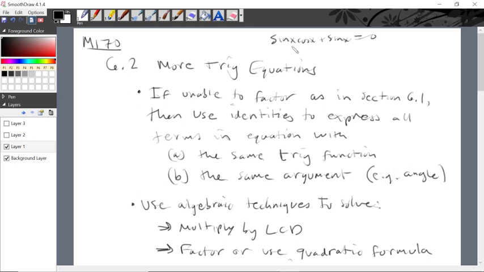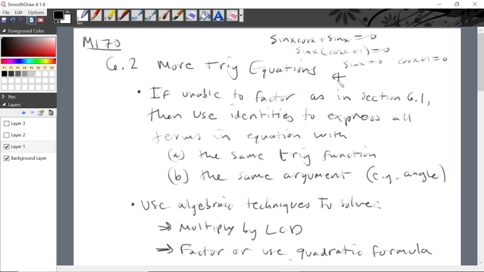An equation like this could have shown up in the previous section. We would have factored out the common factor of sine x, and then we have a product of factors equal to 0. Then we can set each of those factors equal to 0 and solve those basic trigonometric equations.